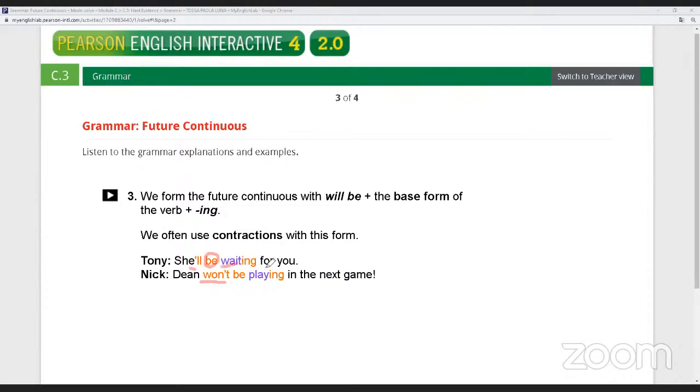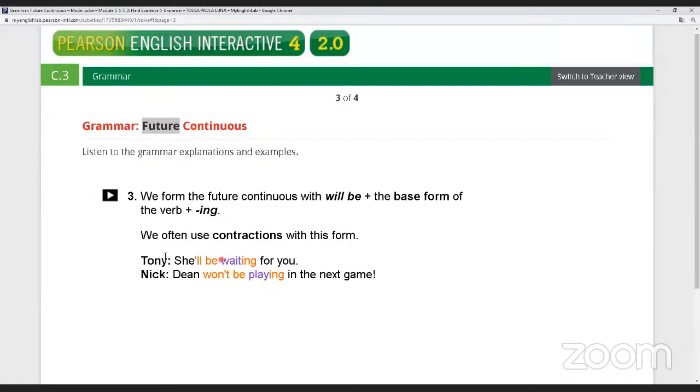Then you have the option to choose whatever verb you want and conjugate it with the ing, okay? That means a continuous form. She'll be waiting for you. Let's take a view. She'll be waiting for you. What does it mean? This is going to happen in the future, and Tony wants to give emphasis to the progress of an action, right?